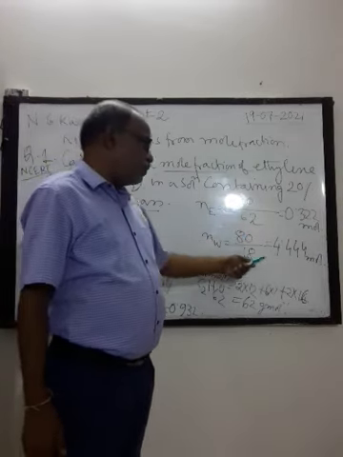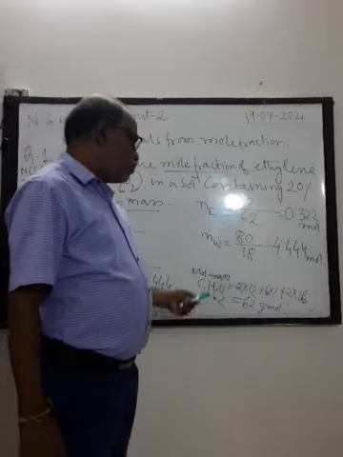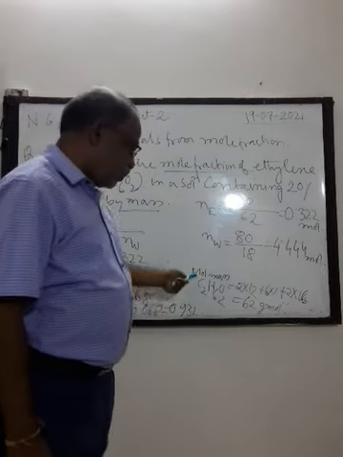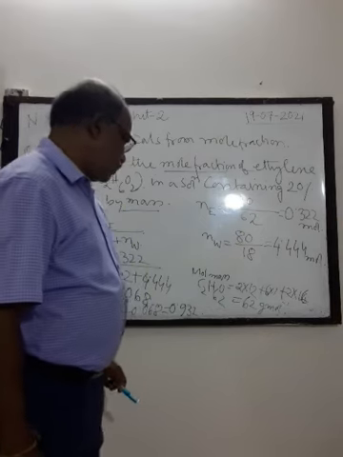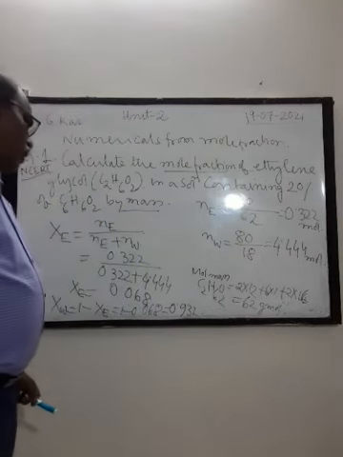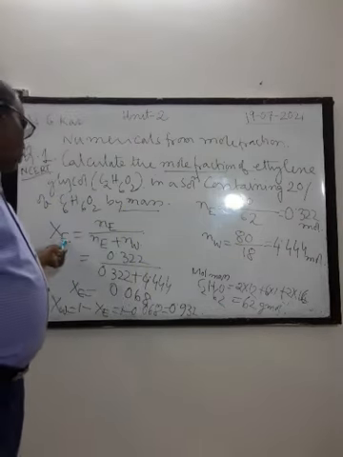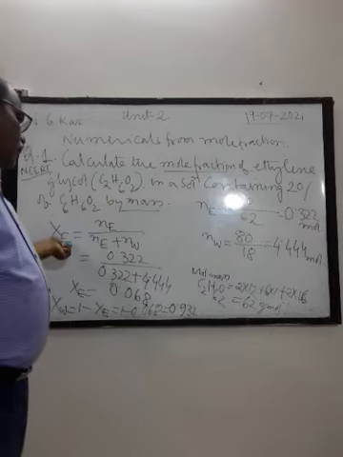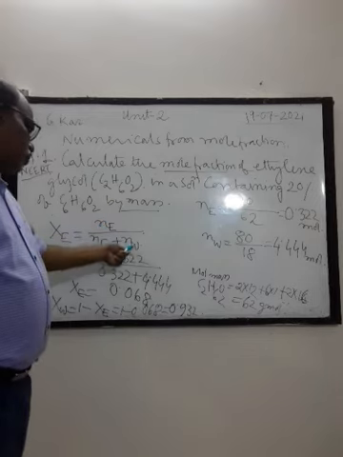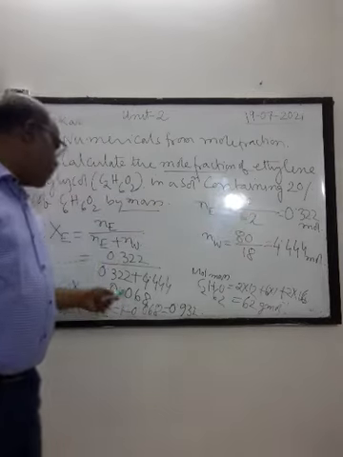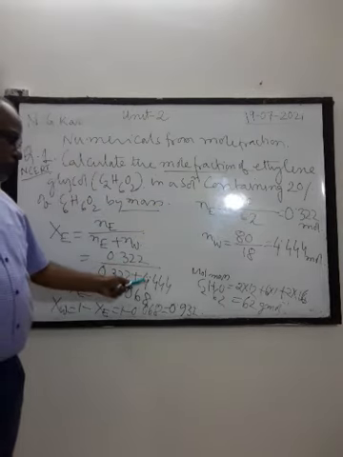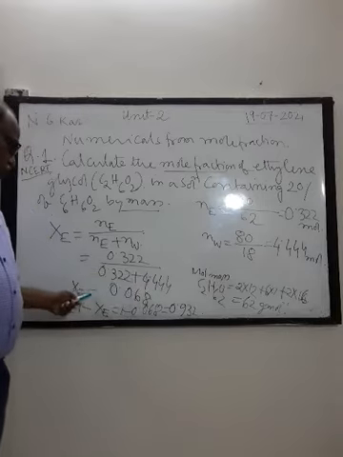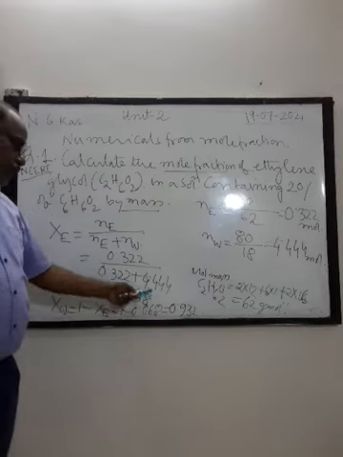So the mole fraction of ethylene glycol equals number by total number: 0.322 over 0.322 plus 4.444, which equals 0.068.